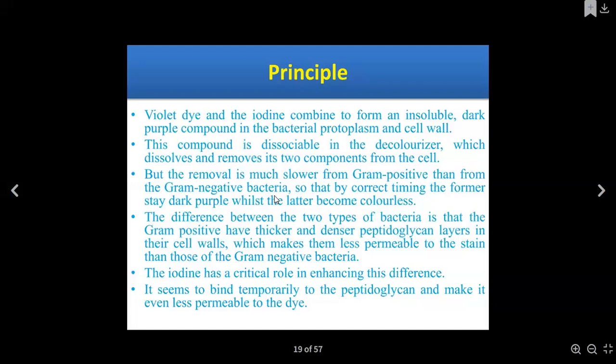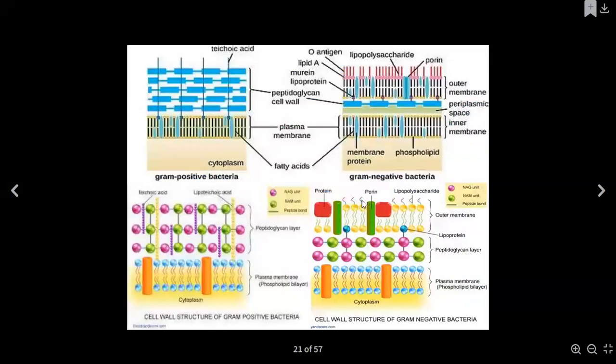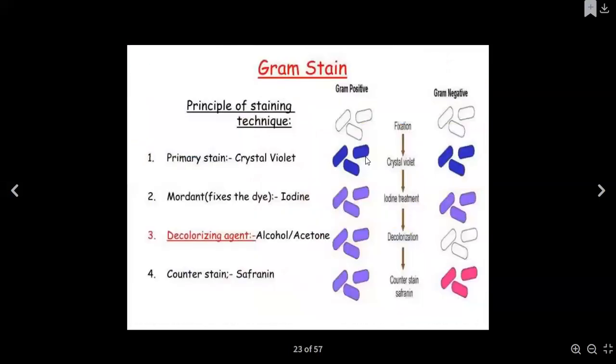Let's go back here. I just wanted to take it slowly. Once we put the crystal violet, both the gram positive and the gram negative have taken up the crystal violet. Even at this point, you can't differentiate these two. It's exactly the same color. You can't say that the gram negative has taken more stain than the gram positive.